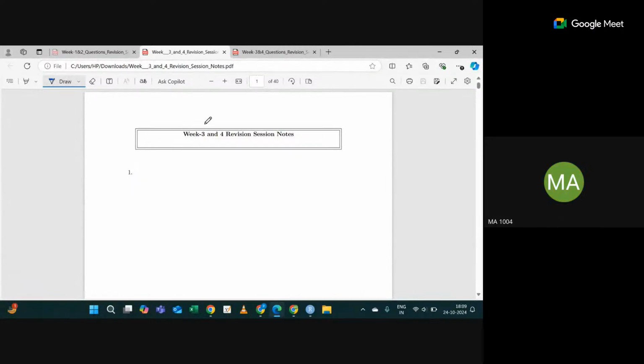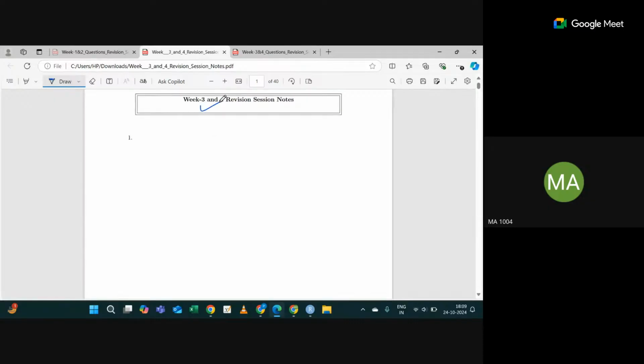So major concepts from week 3 and week 4 are, we will start with what is the expected value, I mean expectation of a random variable. Then second, we will see what is variance and standard deviation.